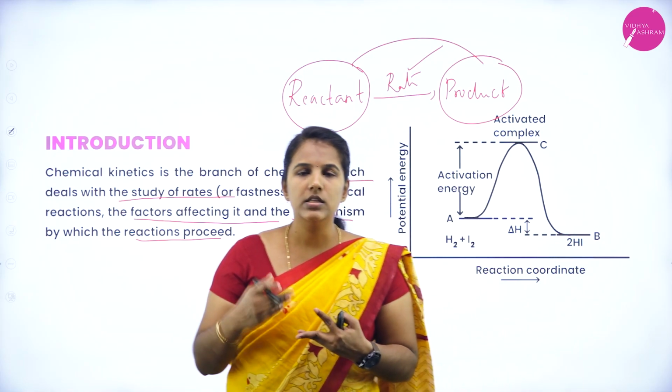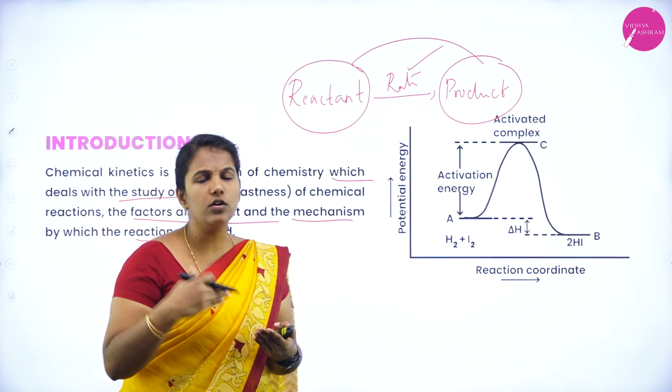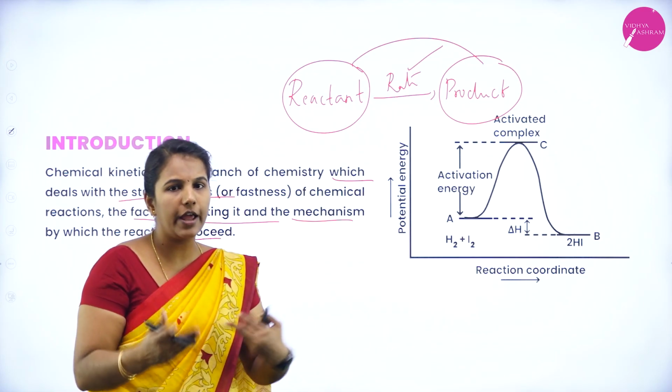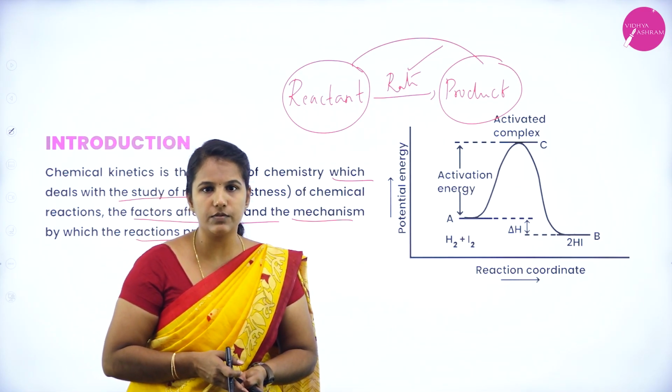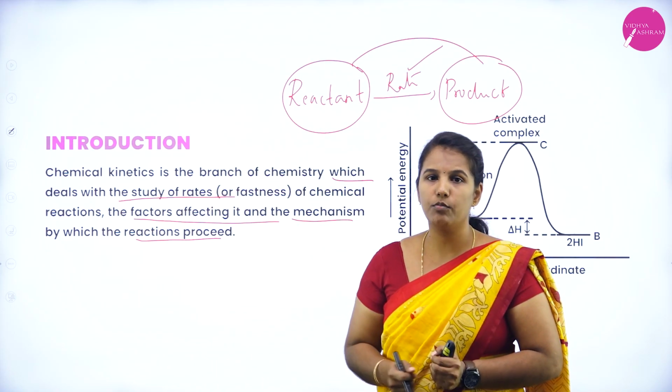Up to the first order you have the integration part to learn, along with the theories, the factors which are affecting it, and the half-life period for the zero order and the first order, which is there in your syllabus for your second PUC board exam.